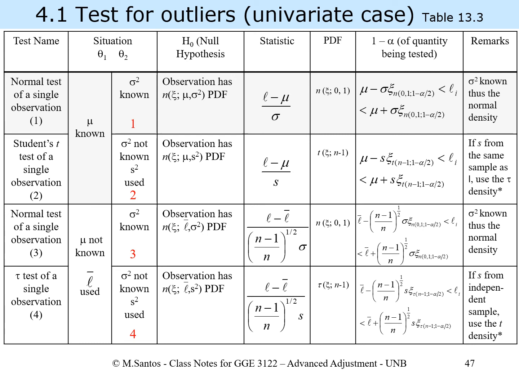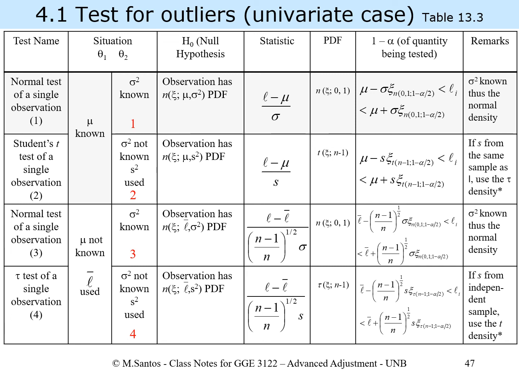Tests for outliers. We start by looking at table 13.3, and it has been remade to look better. What we have here is, if you go back quickly with this table, the first column is the name of the test.